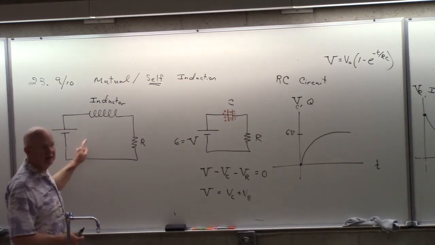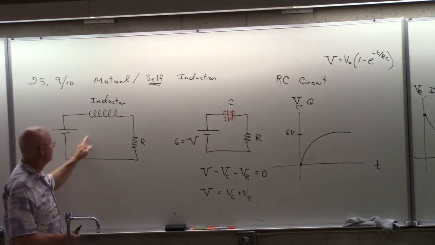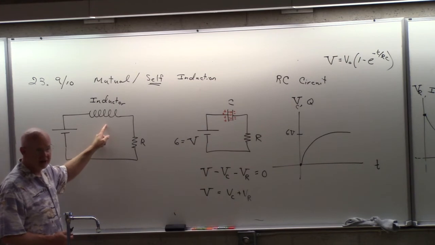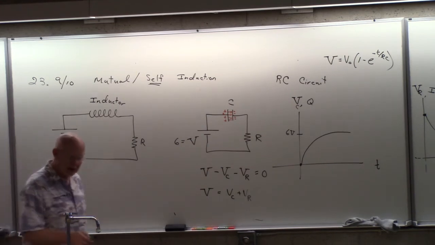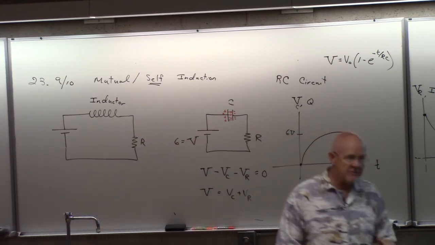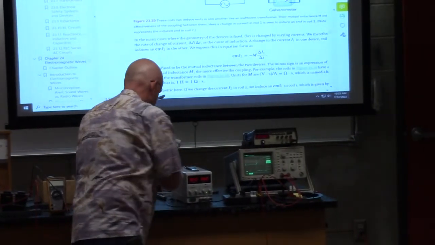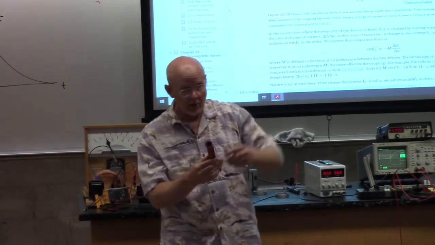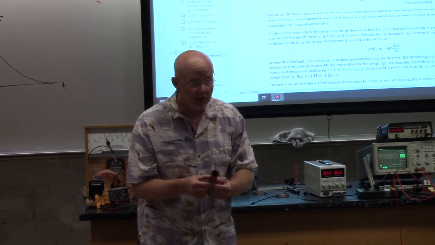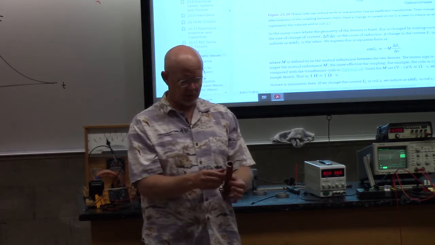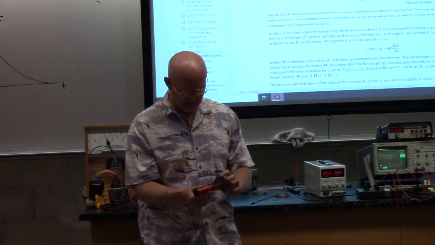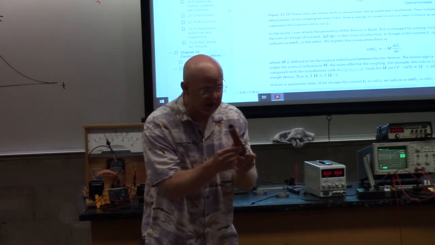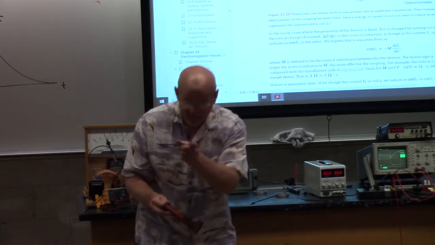Could we have an electric field in the inductor? An inductor really is nothing more than, literally, a wire in a loop. And so a wire in a loop, how could this possibly make an electric field? Well, again, that's what this chapter is about.